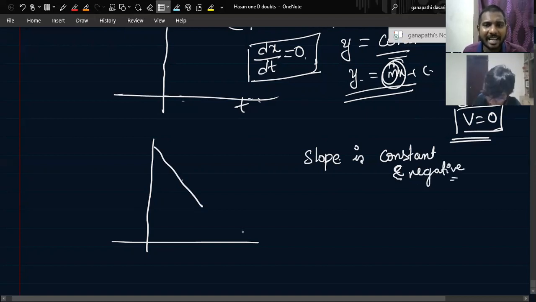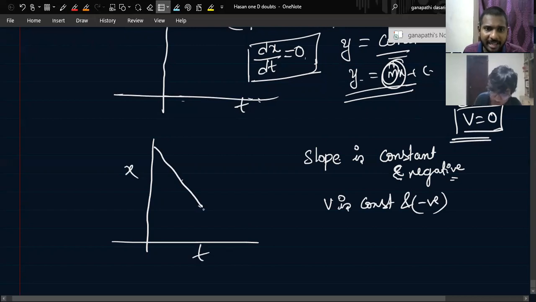Slope is constant and negative. That means velocity is constant and negative. The velocity is negative for this. You can write in this way also. So see this tan theta, this is an obtuse angle, isn't it? Tan theta is negative.